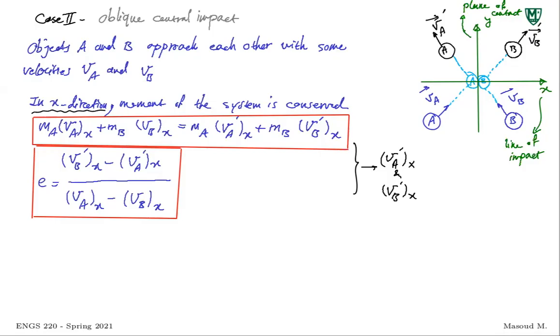So in Y direction, whatever its momentum before the impact is the same as its momentum after the impact. Same story for particle B. Each particle's momentum is conserved along the Y-axis or the Z-axis coming out of the screen.